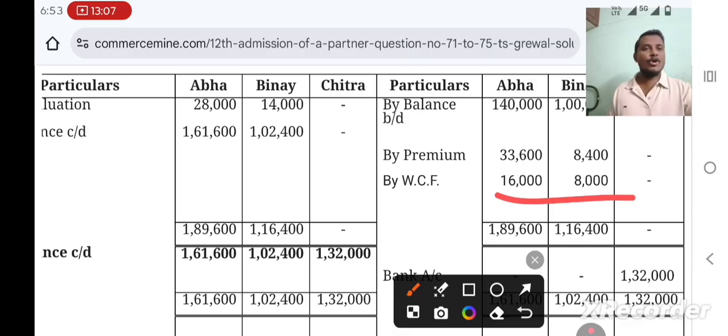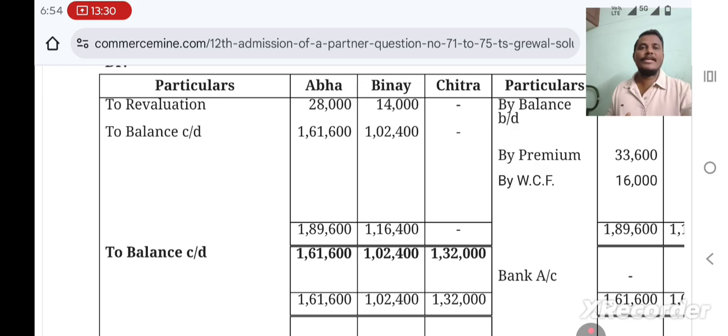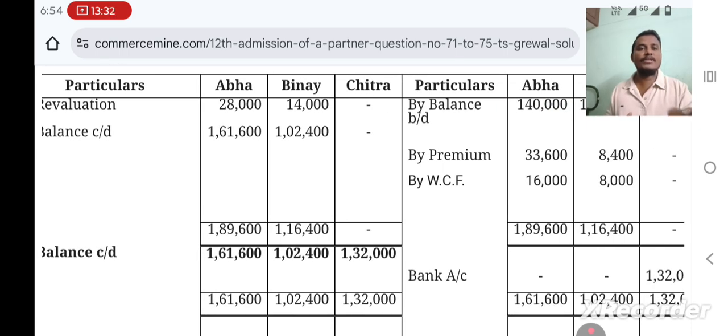That's all for the partners' capital account for the old partners. Till now we have not touched the proportionate capital, which is for the new partner. Now I'm going to tell you how to find proportionate capital. Till this point you have to prepare all the items inside the partners' capital account and find the difference between the debit and credit side for each partner. That is called the adjusted capital for each partner: Raman, Rohit and Saloni.